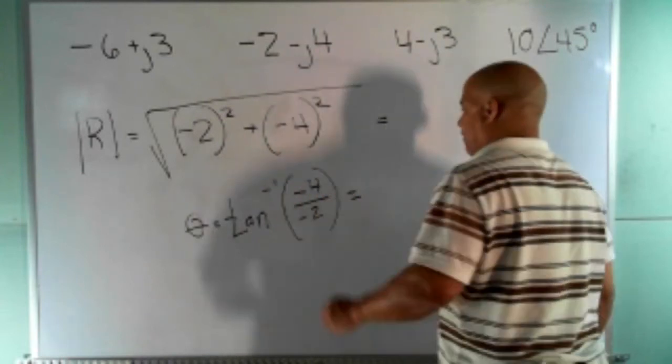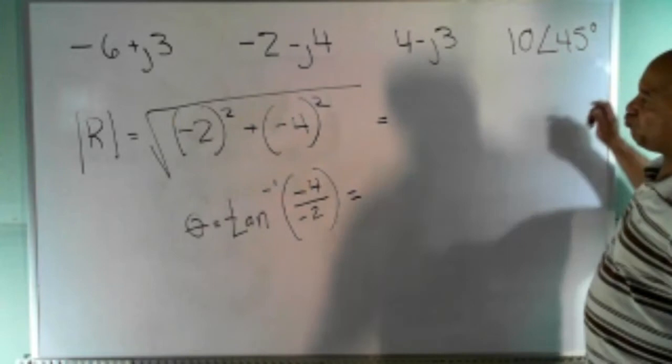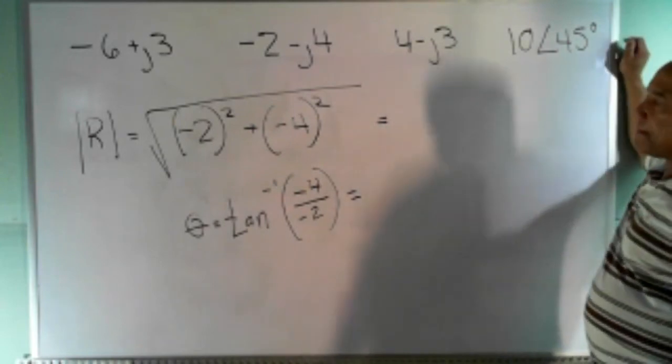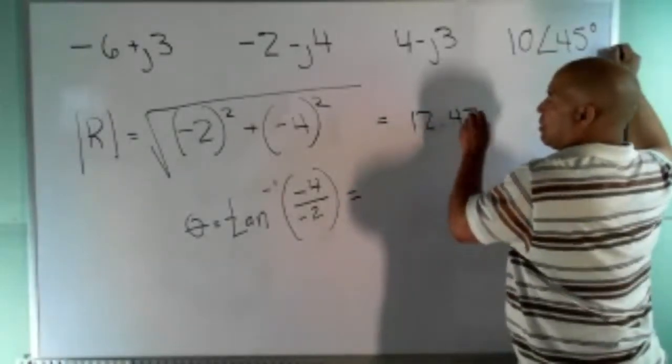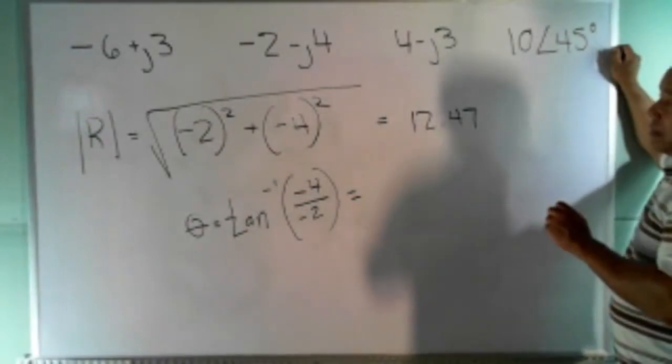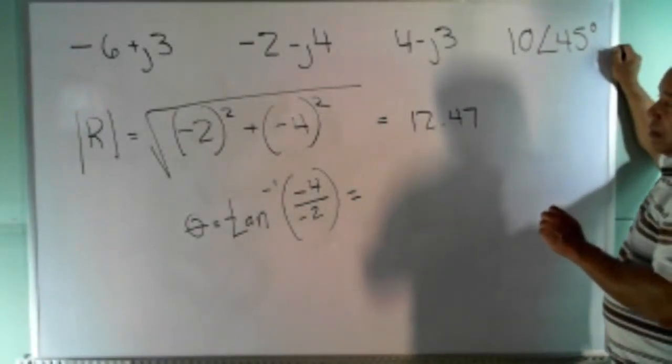Let me know what you got for that. So what'd you get for this? 4.47.